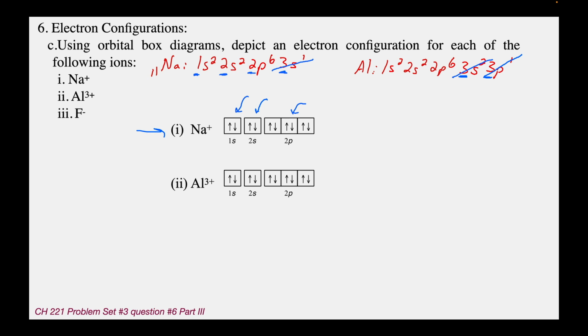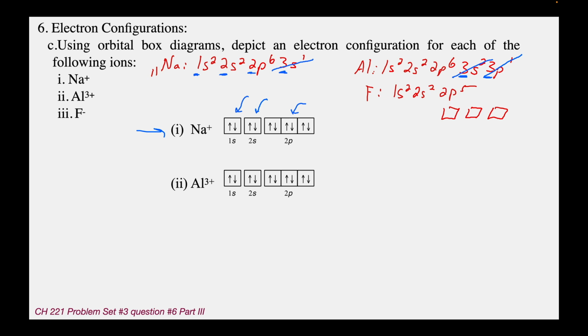Now, the last one there is fluorine. Neutral fluorine is 1s2, 2s2, 2p5. And like you've seen here on the sodium and the aluminum ions, when you're writing the 2p, you have 3 boxes.